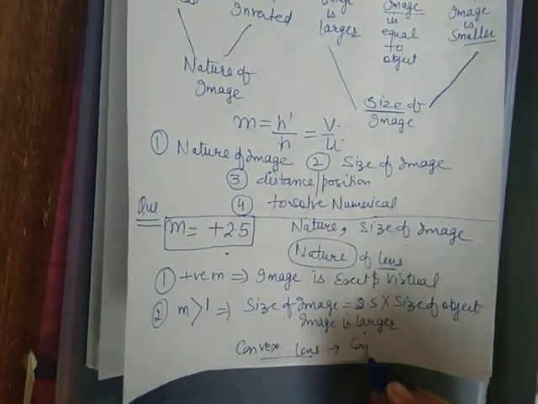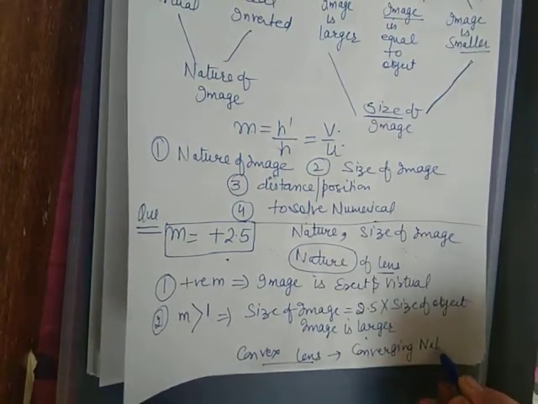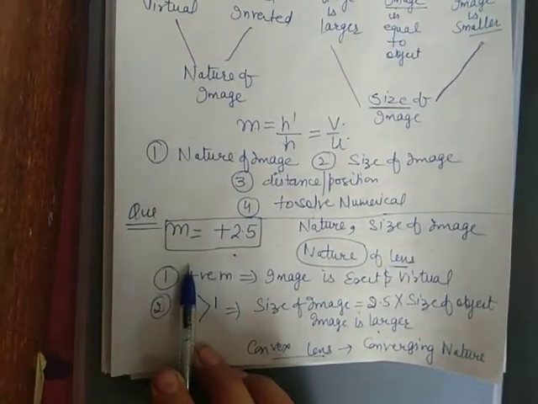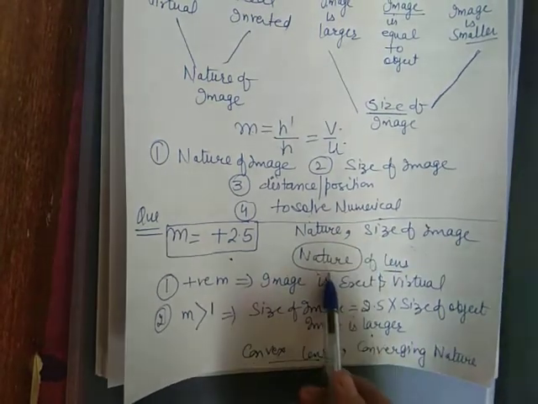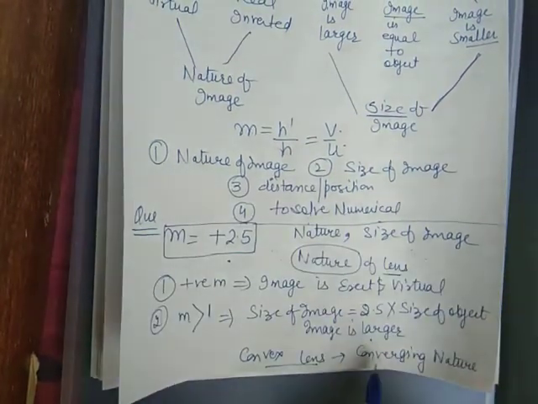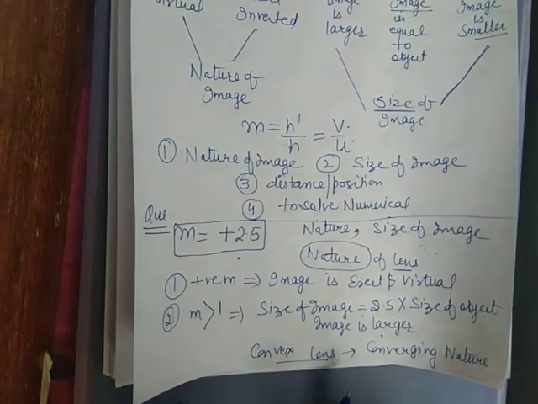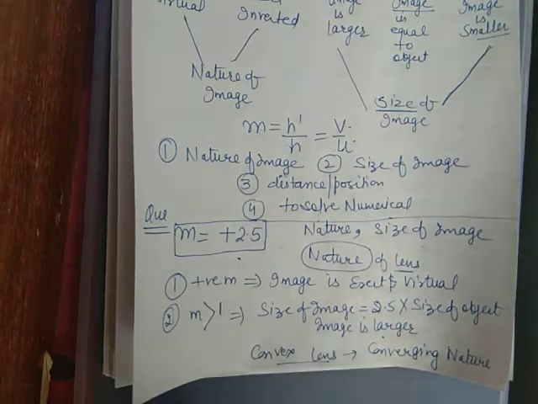Convex lens is converging in nature. So, indirectly, M provides us a lot of information regarding image nature, image size, lens nature, lens name. So, it is a very important term that gives us a lot of information.